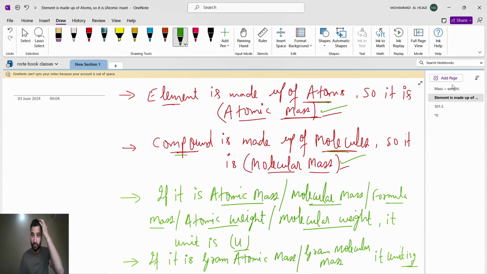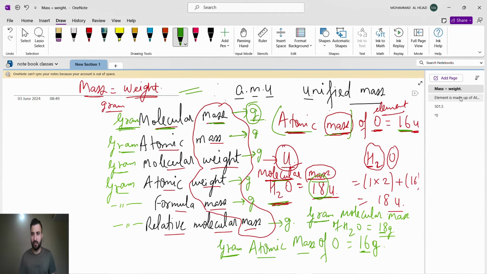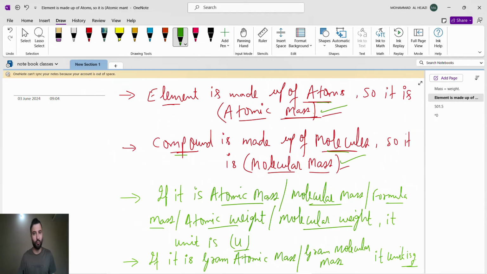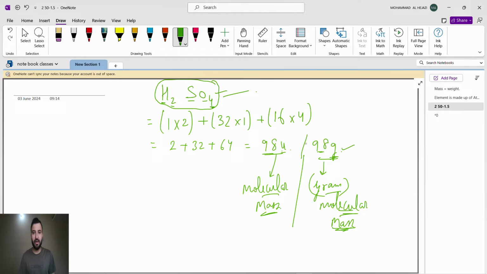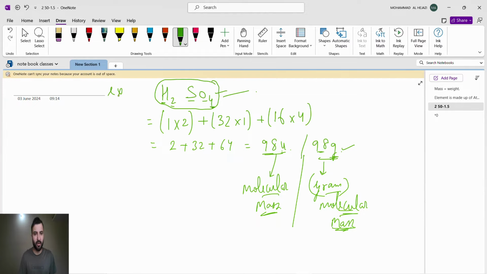So on the first slide, don't write anything. On this slide, you write all these 4 points. Pause it and copy it down. On the next slide, write the example: H2SO4, solve it and write 98 U. It is for molecular mass.